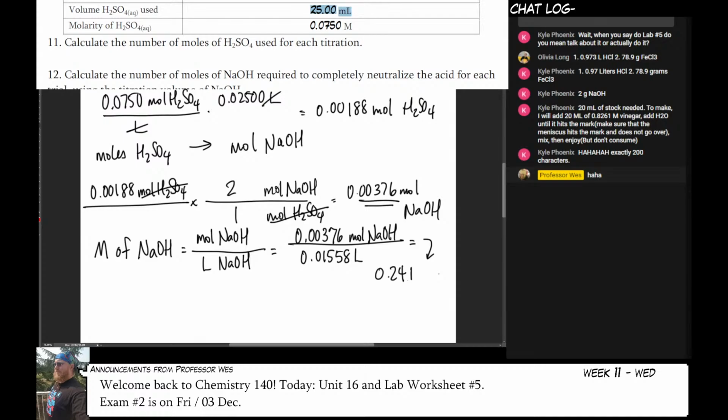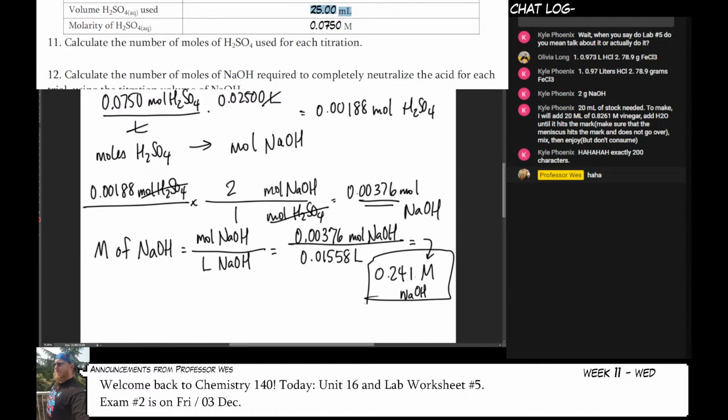Wow, I don't know what I did there. There we go. So this is the concentration of sodium hydroxide that was actually prepared, as opposed to the 0.2, which we were trying to make earlier. Now, why is it off by so much? It's because the pebbles that are used for sodium hydroxide are very large, and it's very difficult to get exactly 2 grams. So it's very easy to go over.